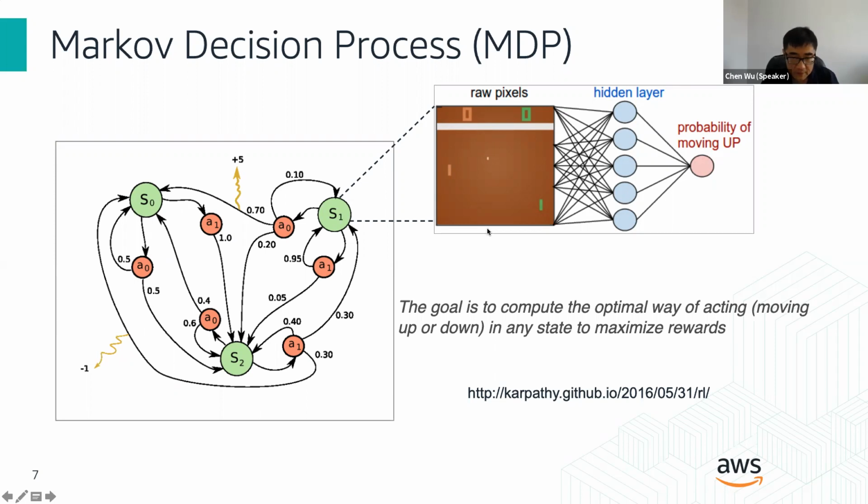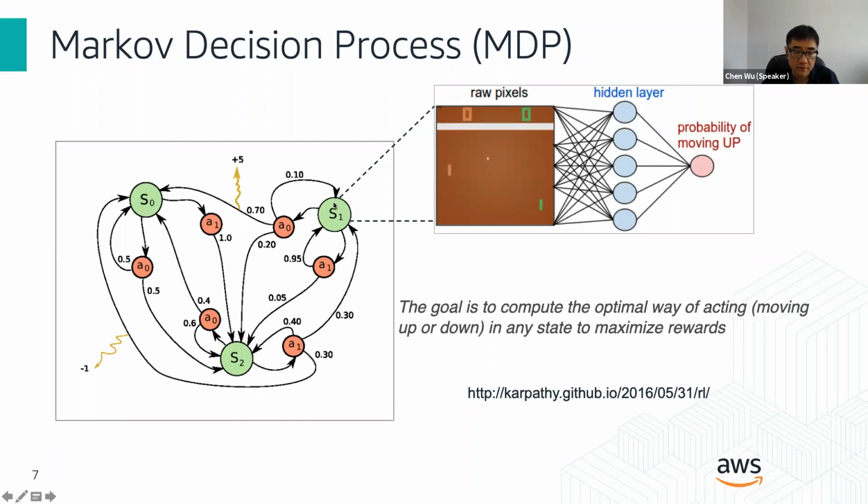So the goal is to move up and down. You're supposed to control the green one. The only action that you can exert on this command is just move up or move down based on the situation. And then what happens is that the MDP provides an abstraction of such decision making.